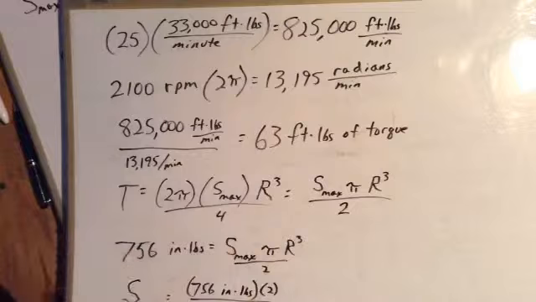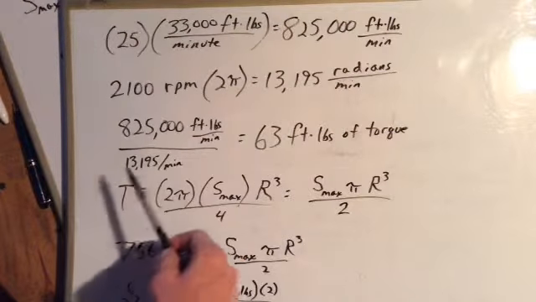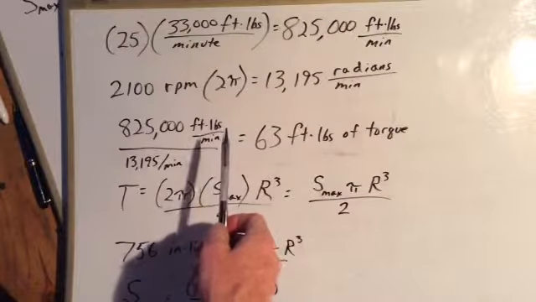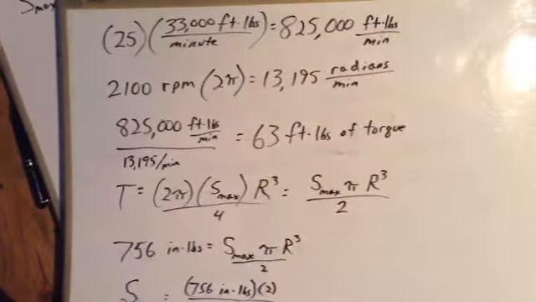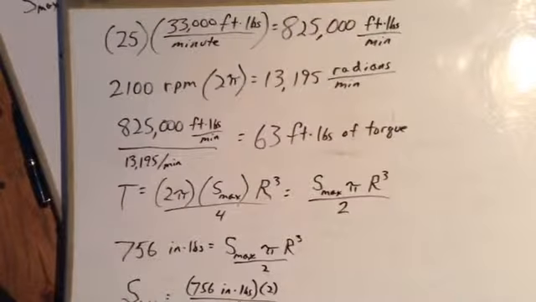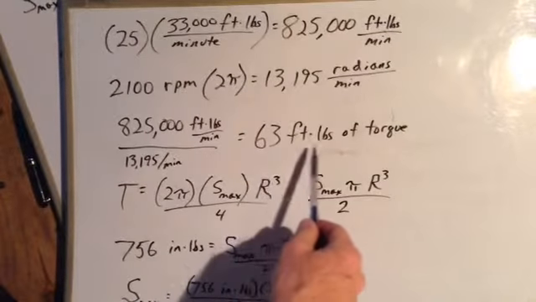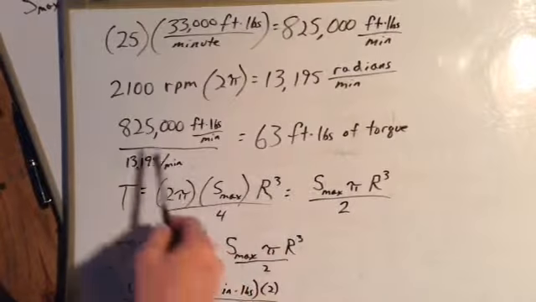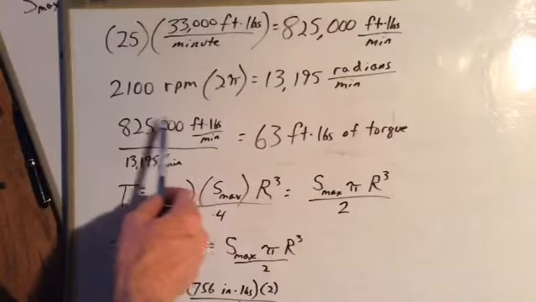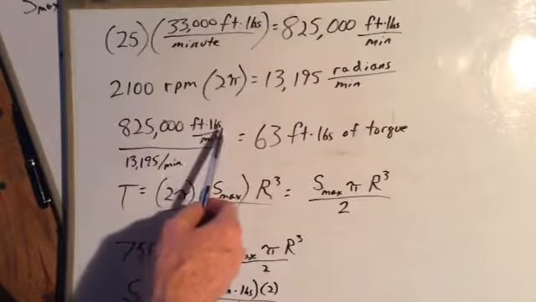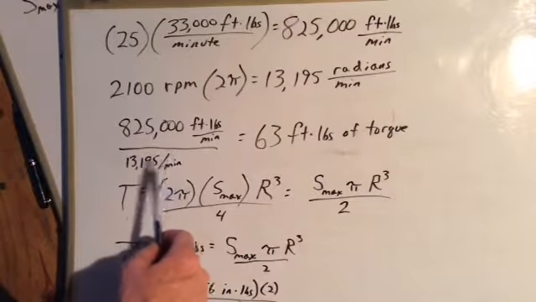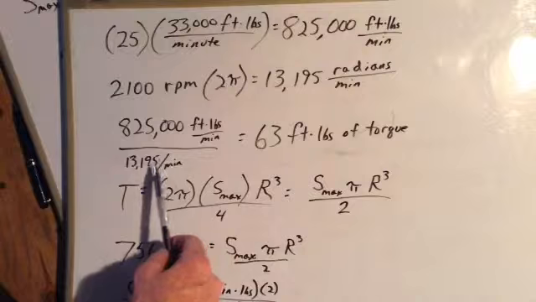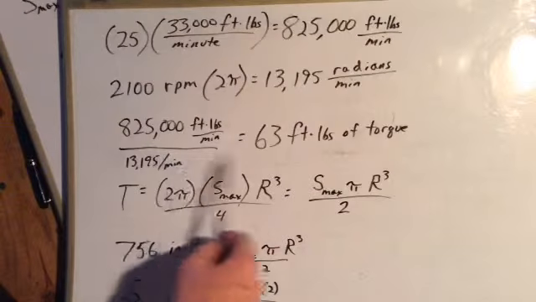So the torque in the propeller shaft, due to the driving force of the engine, is 63 foot-pounds of torque. We get that by dividing the work, 825,000 foot-pounds per minute, by the number of radians per minute.